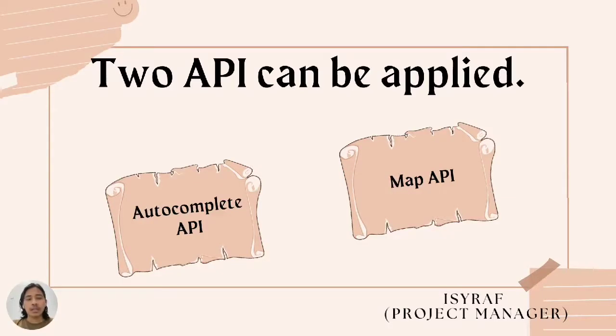During website development, I believe that there are two APIs that can be applied on the AirAsia food website. To begin with, the Place Autocomplete API is one of the APIs that can be applied. Place Autocomplete API is a web service that returns place predictions based on what is entered by the user.